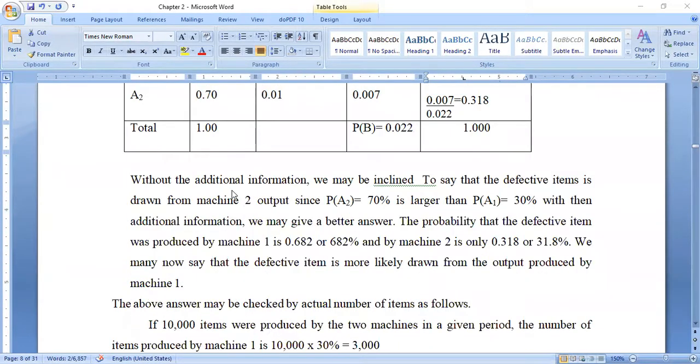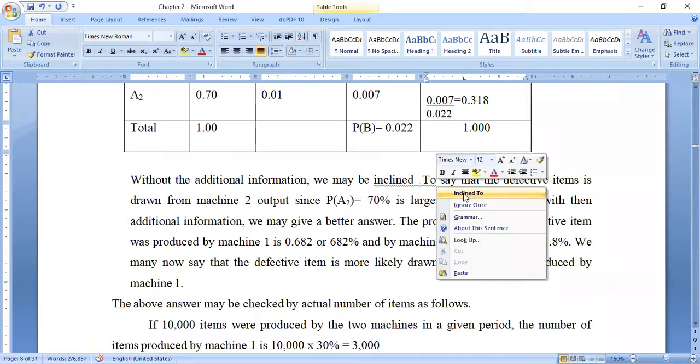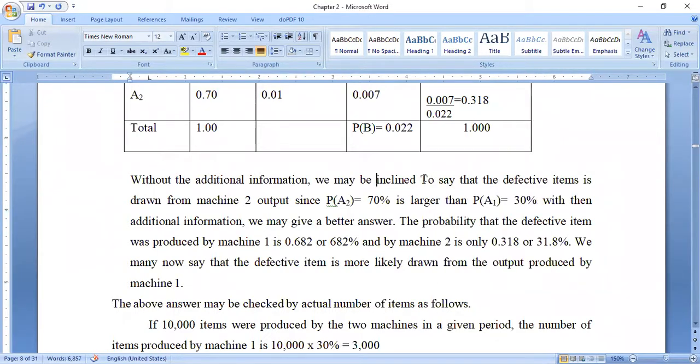Without the additional information, we may be inclined to say that the defective item is drawn from machine 2 output, since P of A2 is equal to 70% is larger than P of A1, 30%. With the additional information, we may give a better answer.